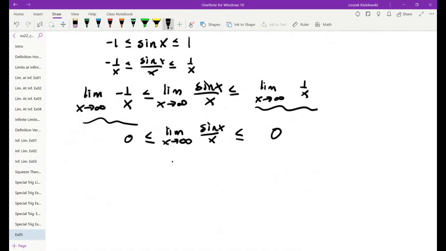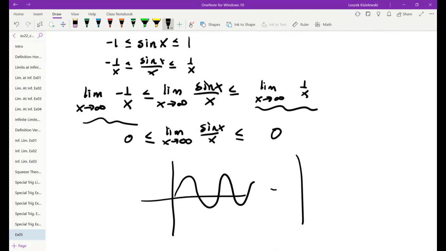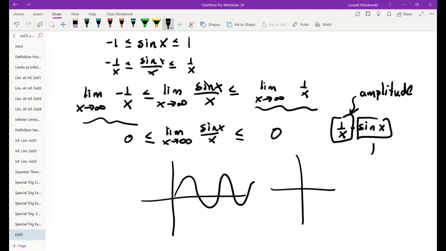So, I mean, the idea is simple. Sine keeps oscillating, and then you think of that divided by x as like an amplitude. 1 over x is multiplying sine, so that's like a variable amplitude for your sine function. And this keeps oscillating. I might misspell oscillates, I apologize.